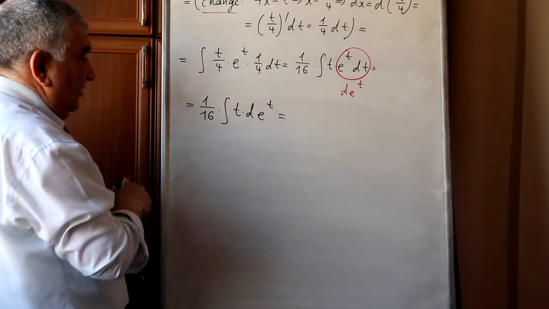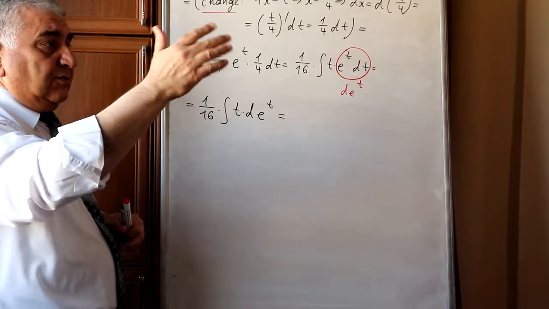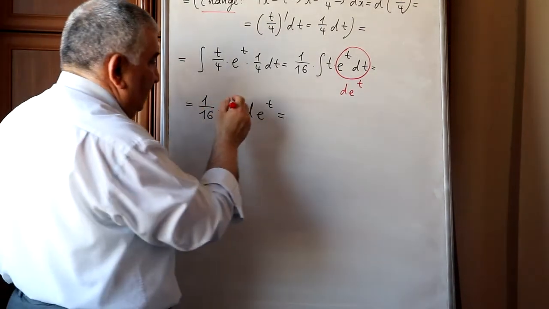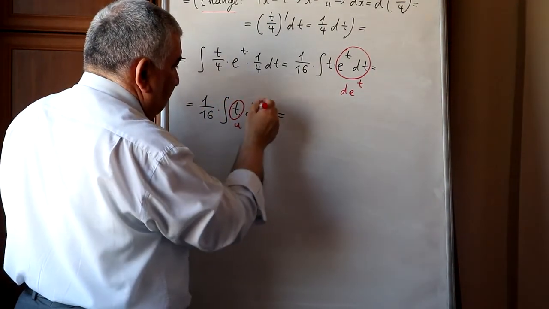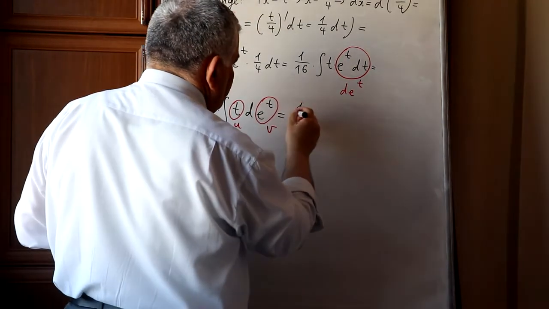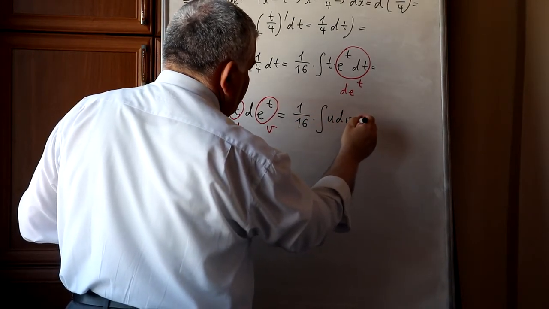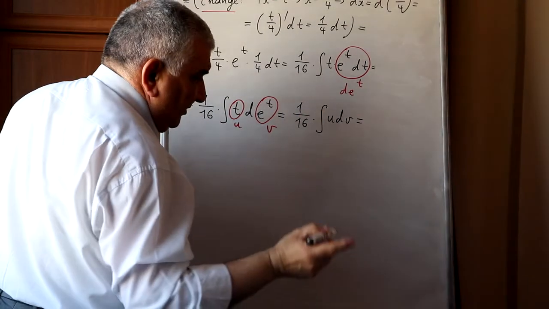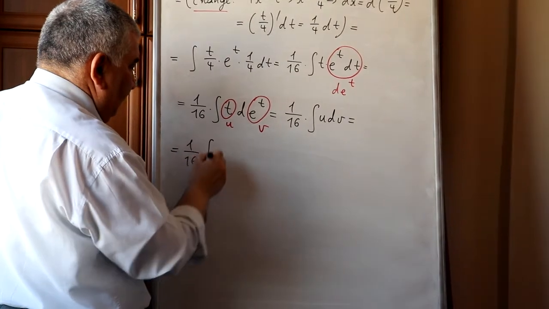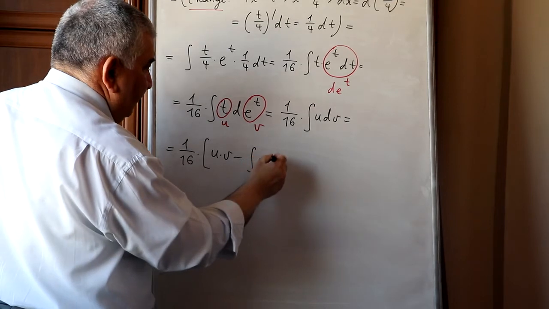Already our integral is ready for the application of the indefinite integration by parts. Let t be u and e to t be v. Then we will have the following integral: 1/16 multiplied by integral of u dv, and according to the indefinite integration by parts, this integral is equal to u multiplied by v minus integral of v du.